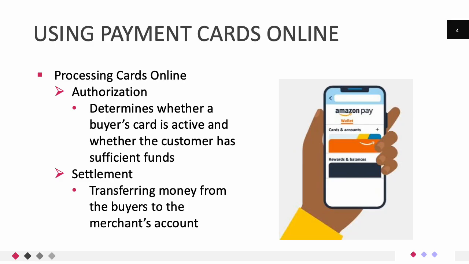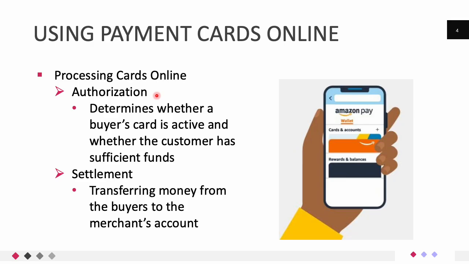Okay, so let's break down how the online card payment works. It's like magic, but it's actually just more steps. When you buy something online, let's say on Amazon or PChome, your payment goes through two key phases. The first is the authorization. This is the quick check to see if your card is valid and has enough money.